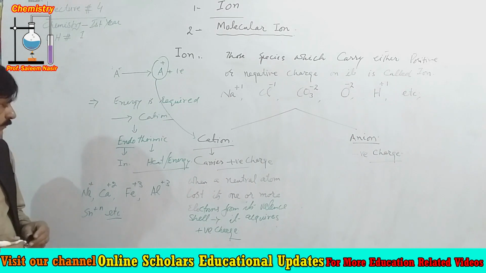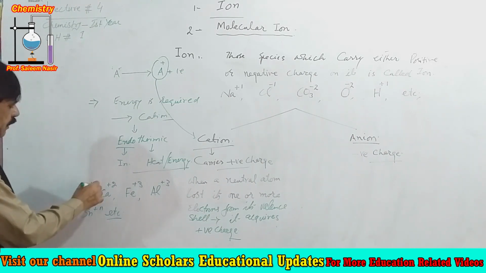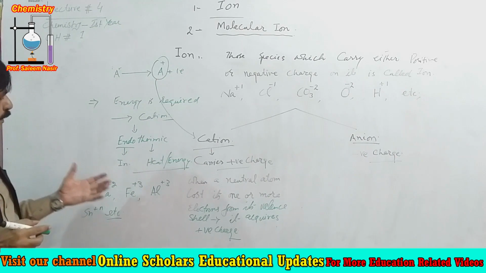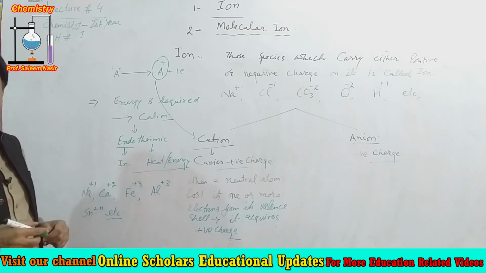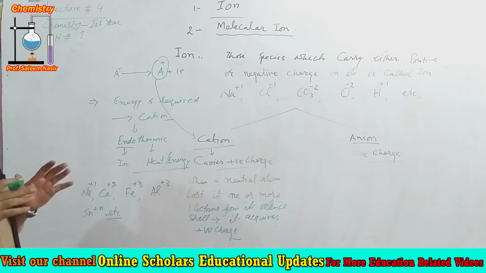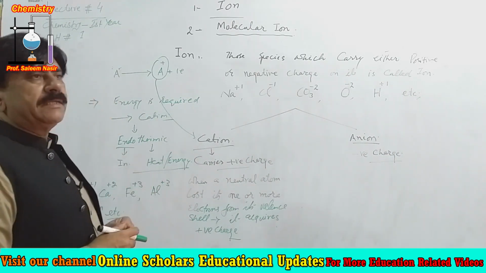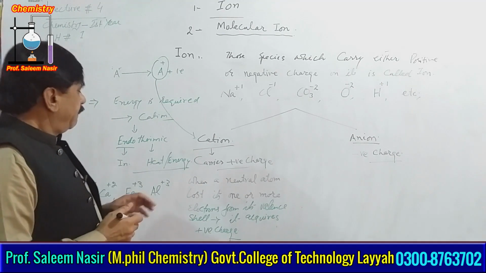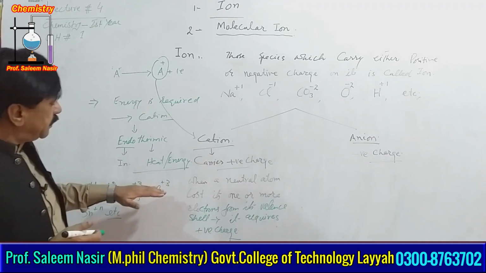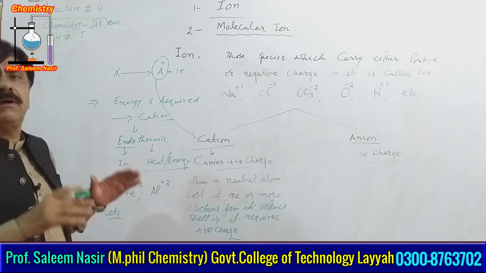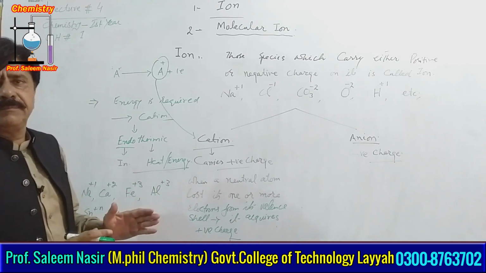Students, you are observing in these examples that these cations bear different numbers of charges. So we can elaborate that the number of apparent charges on any cation is due to the number of electrons lost by that atom.